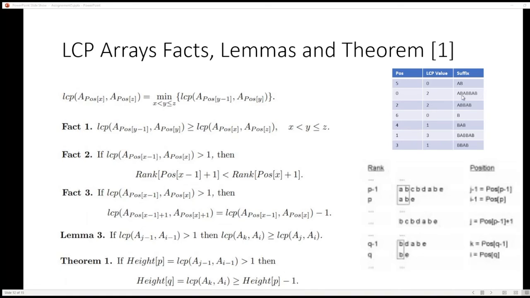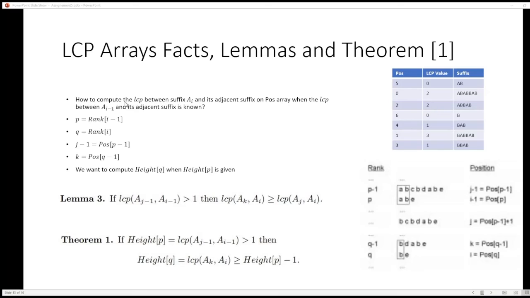For example, if we move to the character B in this suffix, and we move to the character B in this suffix, the LCP between those two suffixes will be 1, which is 1 less than the LCP between the two adjacent suffixes, which was 2 in this case.